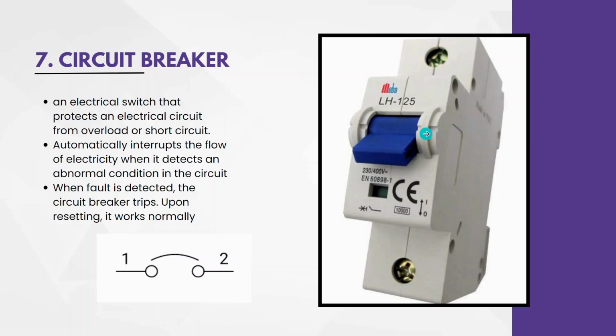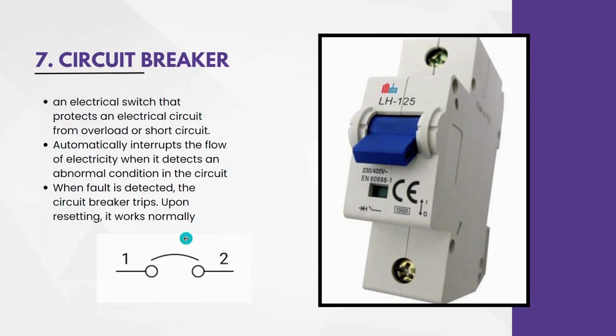So what happens is when such undesirable conditions occur, this blue colored knob which we can see will trip off. So it will be on every time when the power is flowing through the components, and when such an undesirable situation occurs, it will turn off on its own, and we have to manually push it up or manually turn it on, and again it results in normal flow of current.